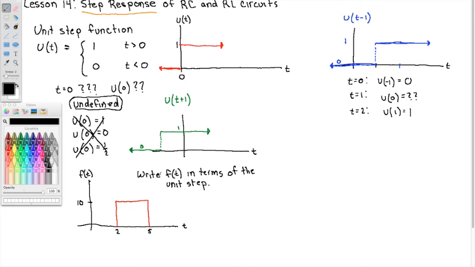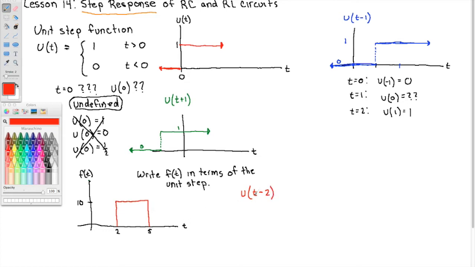Alright, well, this square pulse has two discontinuities. One at t equals 2 units, and one at t equals 5 units. So the one at t equals 2 units, we can write as, do it in red, u of t minus 2, right?